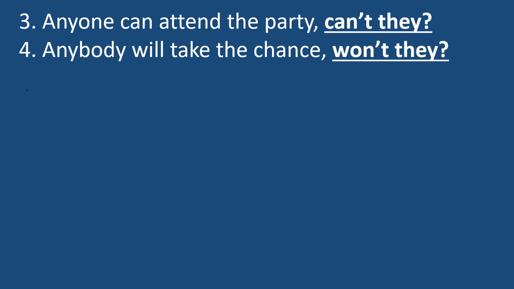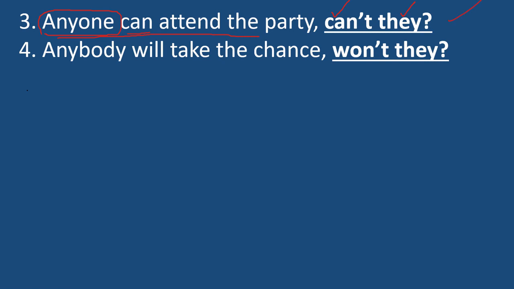Here the subject is anyone. This is an indefinite pronoun, so there should be they as the subject pronoun. Okay, here can is an auxiliary verb, so we should write can in the beginning. This is a positive statement, so there is a negative word can't. Can't they?